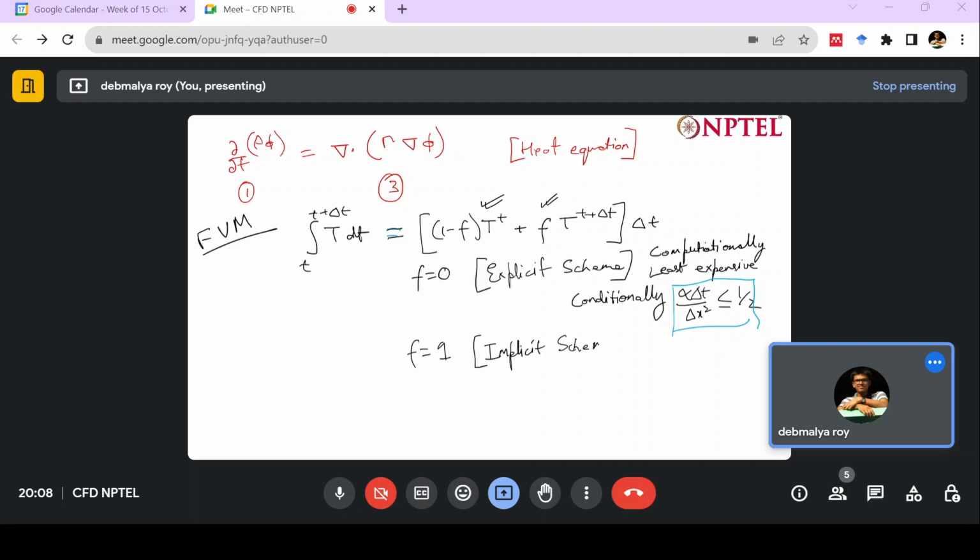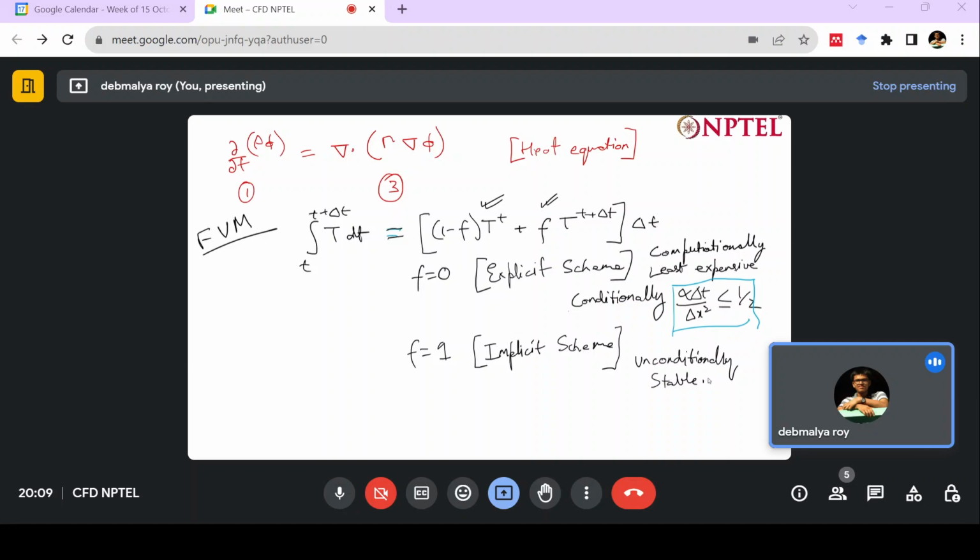And this is much more computationally expensive because you will need to form a whole matrix and perform a matrix inversion to find out each time step. So this is implicit. But the advantage is this is unconditionally stable.